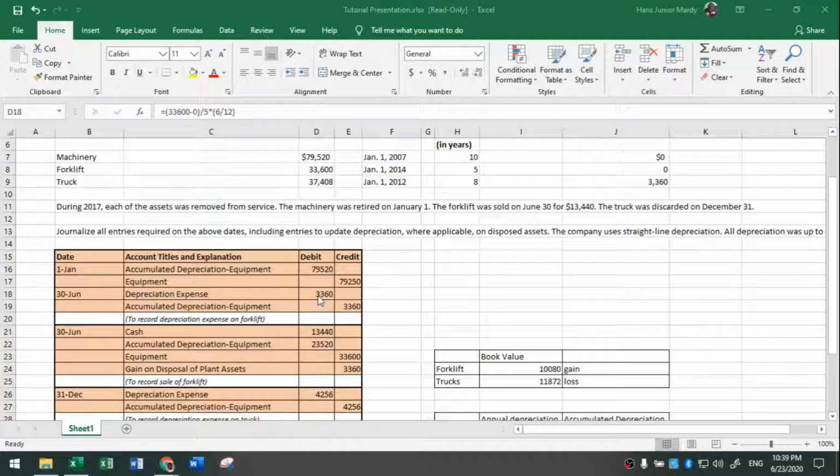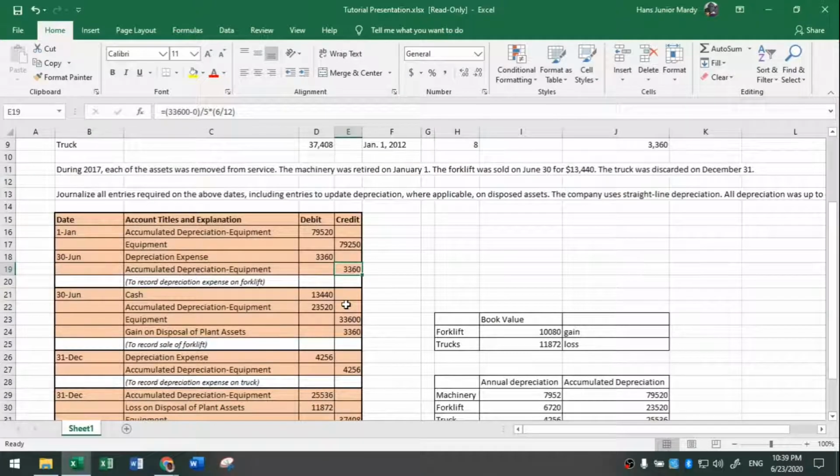This is why we have the formula here, which is the total cost minus salvage value, which is 0, divided by 5, which is the useful life, and then multiplied by 6 over 12, which is half of a year, so that we have the correct depreciation for the forklift, because it was sold in the middle of the year. So we have this amount here.